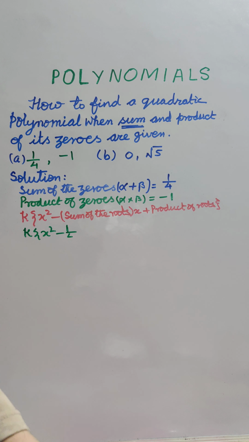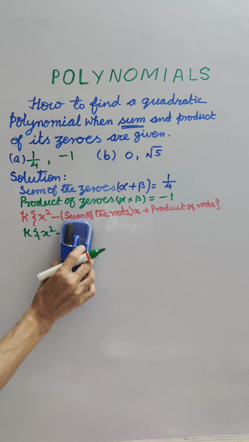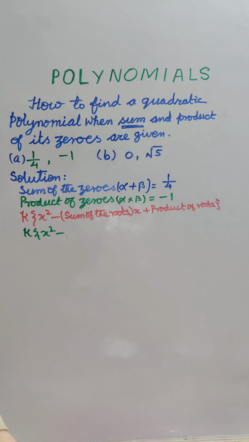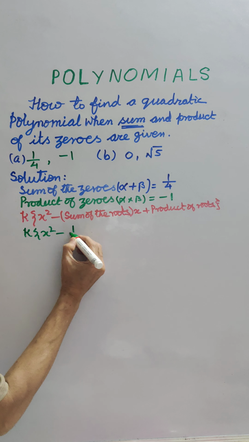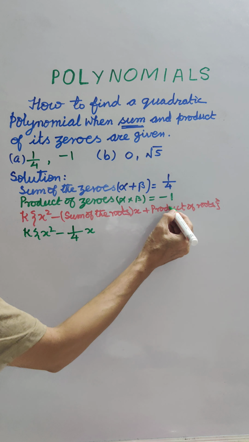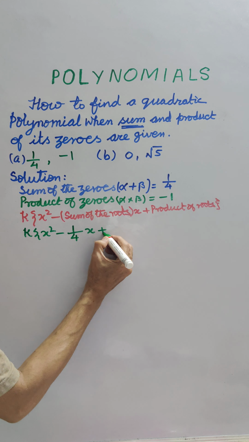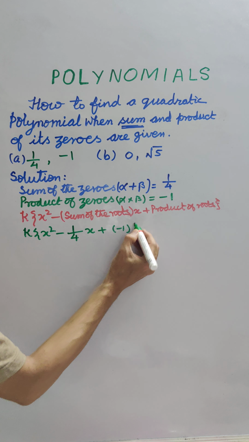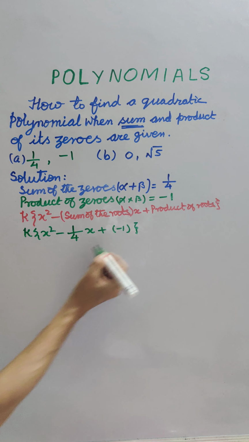One upon 4 into x plus product is given minus 1, keeping it in bracket.